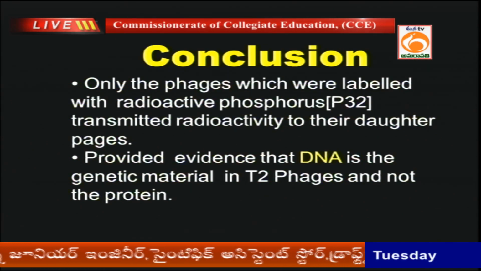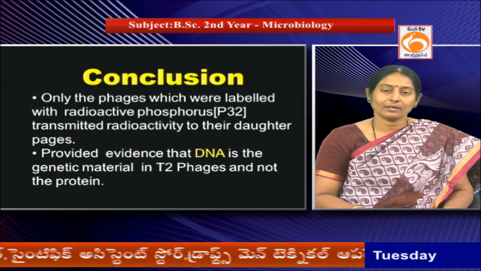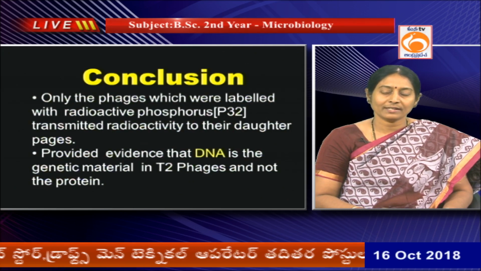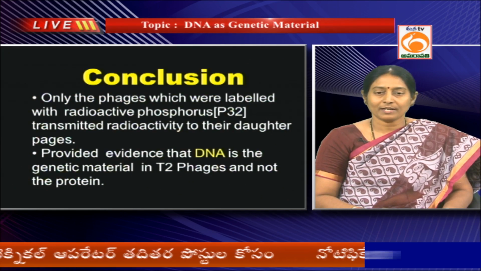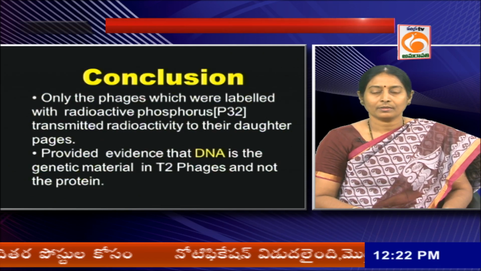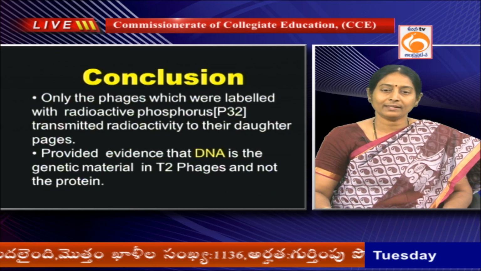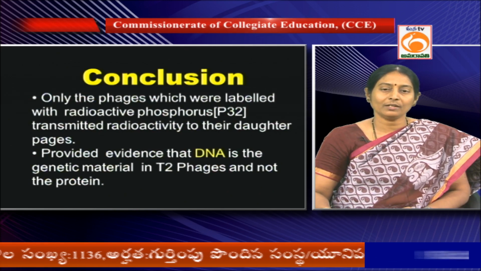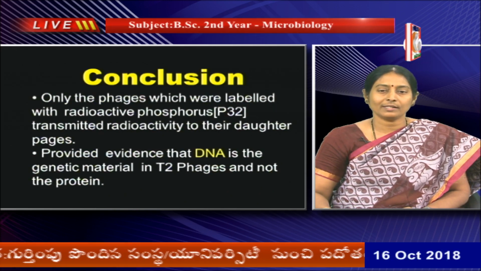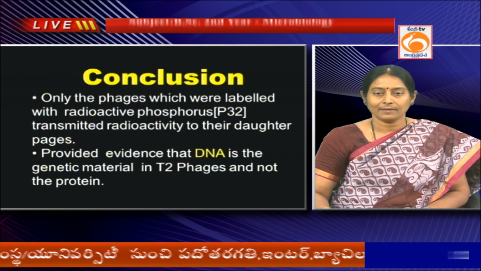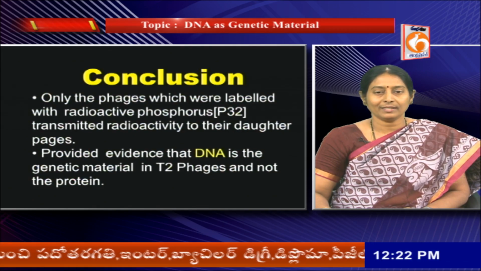How could the scientists explain this? It can be explained like this. During infection of E. coli bacterial cells, all the protein coats were left outside the host bacterial cells. They didn't enter the bacterial cells.